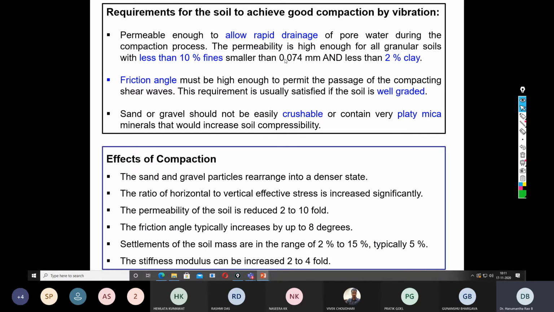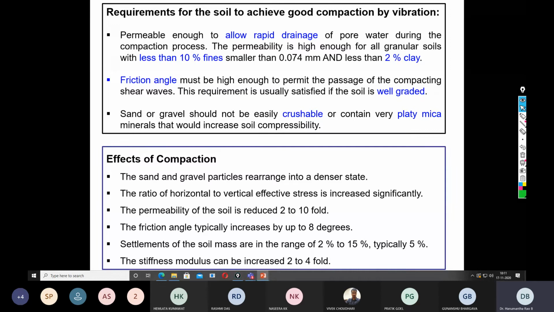The requirements of the soil. The soil must be permeable enough to allow rapid drainage of the pore water during the compaction process.